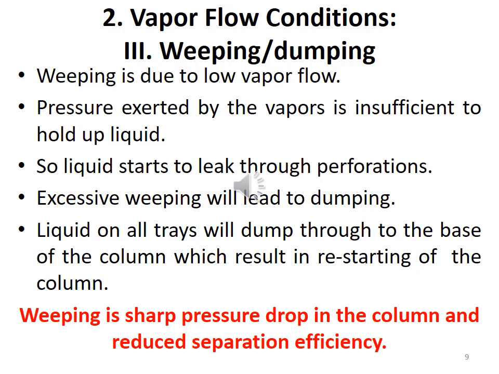This is when the liquid on all the trays will dump, they will crash through the base of the column, and the column will have to be restarted. Weeping is indicated by a sharp pressure drop in the column, and these weeping and dumping phenomena can reduce the separation efficiency of the column.